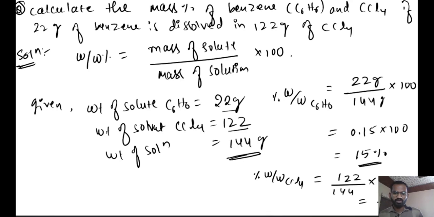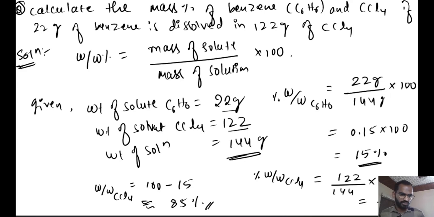Or else, the W by W percentage of CCl4 is 100 minus 15, because only two components are there, benzene and carbon tetrachloride. If benzene is 15 percentage, the remaining is only carbon tetrachloride, so 100 minus 15, that is 85% approximately. So this 85 percentage is the carbon tetrachloride. This is how we calculate.